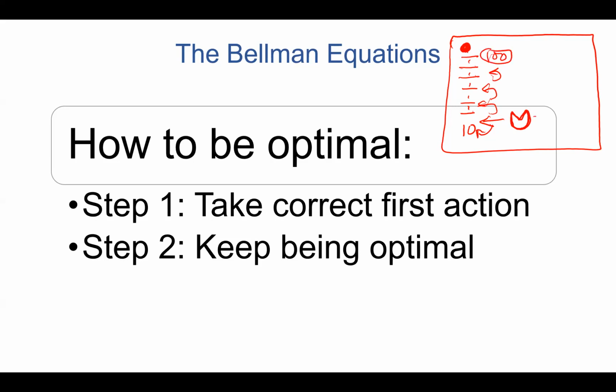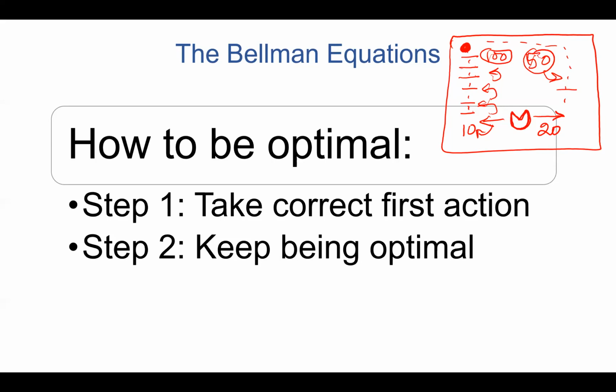Or you can go this way and take a reward of 20, but then get only the reward of 50 cumulatively.